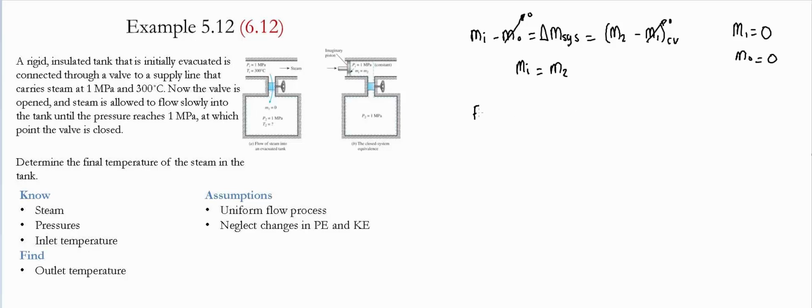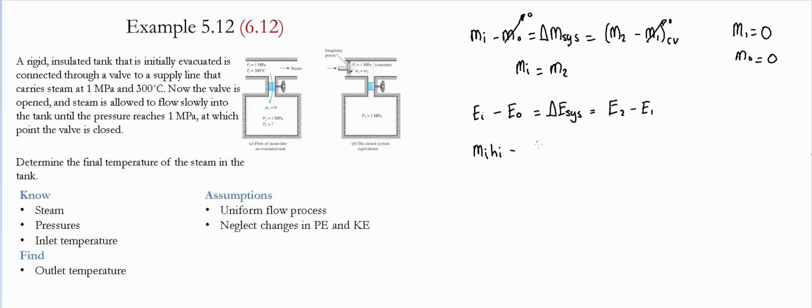Now let's do the same process for the energy. The amount of energy in minus the amount of energy out has to be equal to the change of energy in the system, which is basically the final energy minus the initial energy. The amount of energy going in is simply the mass times the enthalpy going in.